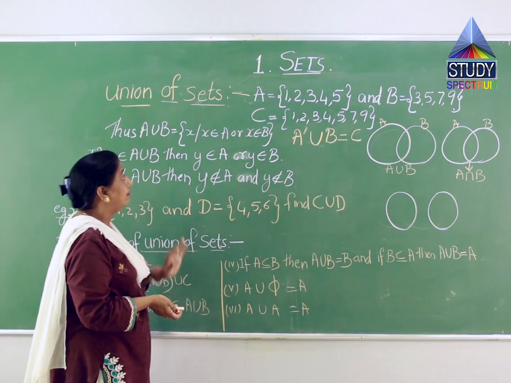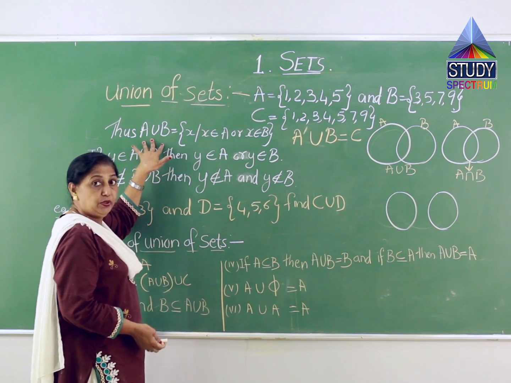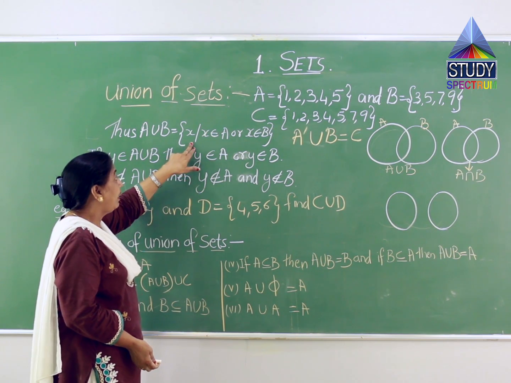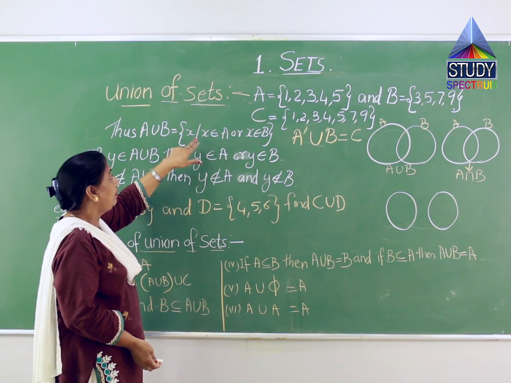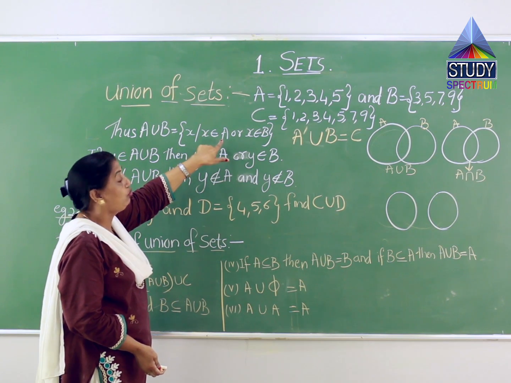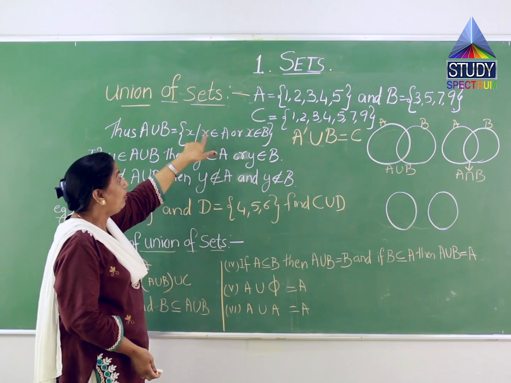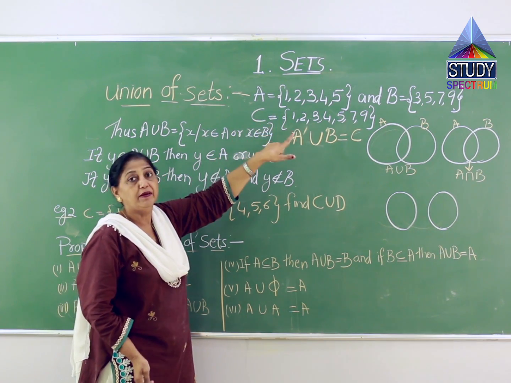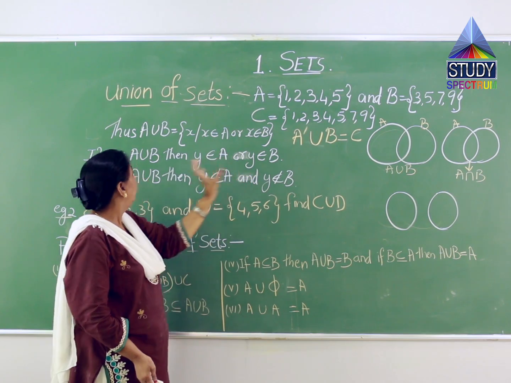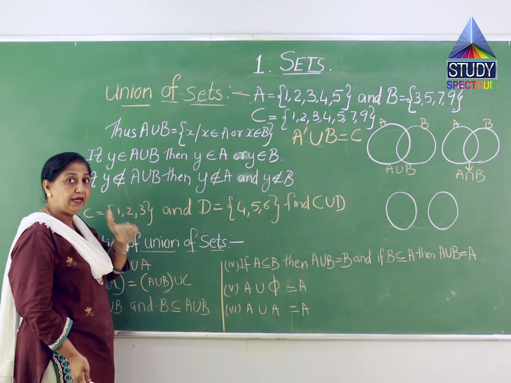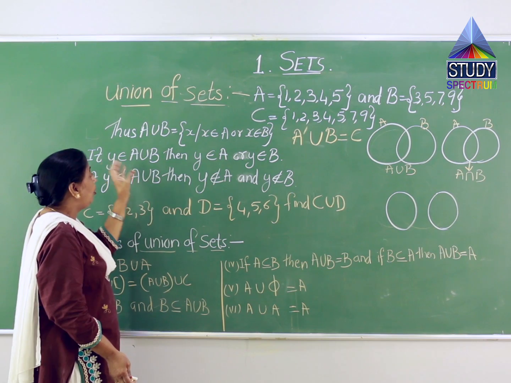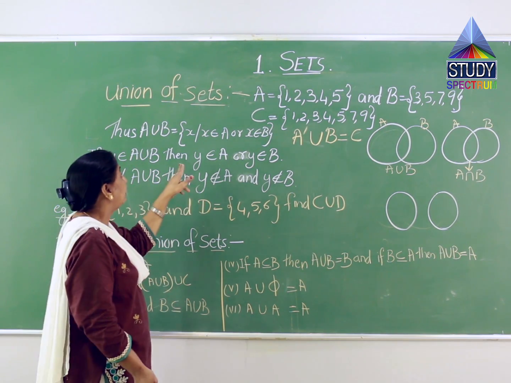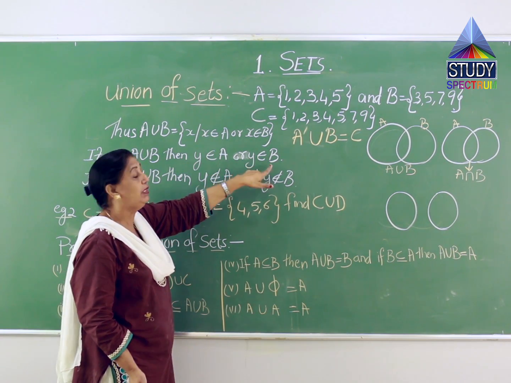Thus it is clear that the union of sets A and B consists of elements x such that x belongs to A or x belongs to B, meaning they come together. Now if any element y belongs to A union B, then y belongs to set A or set B.